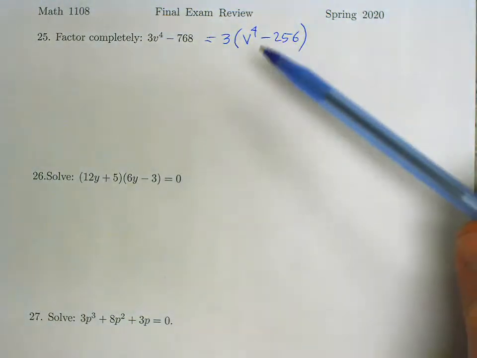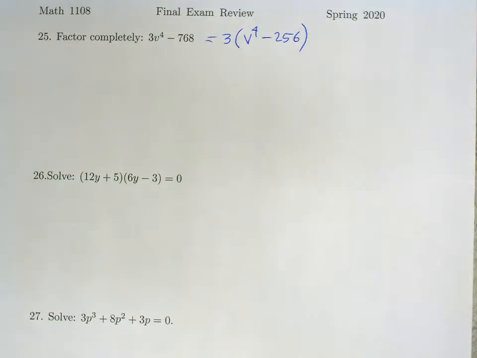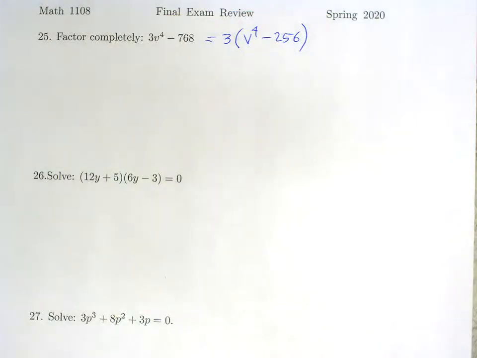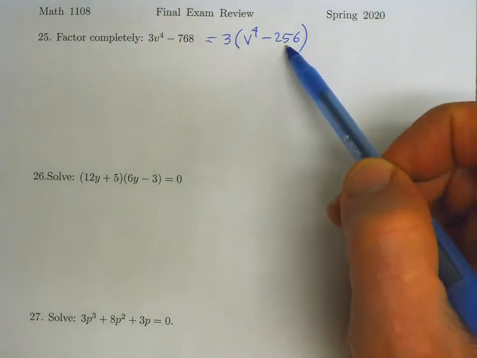And now we want to know if we can factor v to the fourth minus 256. Well, note that 256 is a perfect fourth power, because 4 to the fourth equals 256.